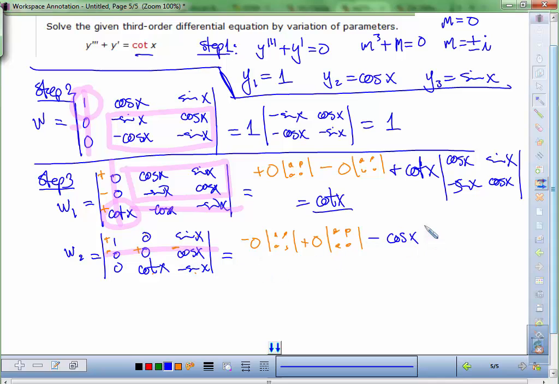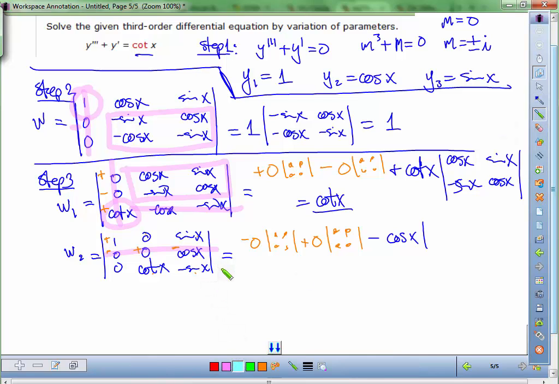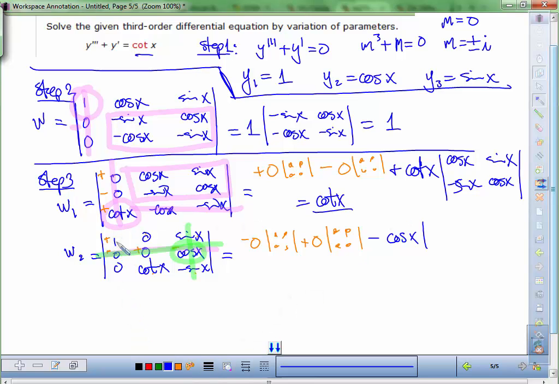So negative cosine of x, and if I'm expanding on that, I would cross out that row and that column, and what do I have left as a submatrix? The submatrix I have left is 1, 0, 0, cotangent. And had you expanded a different way, we should still get the same results.